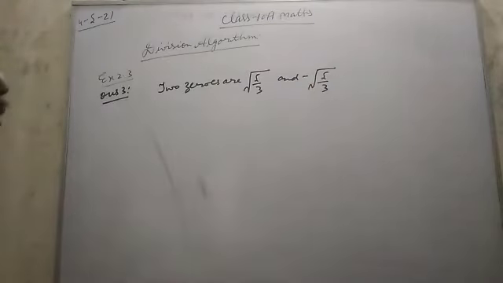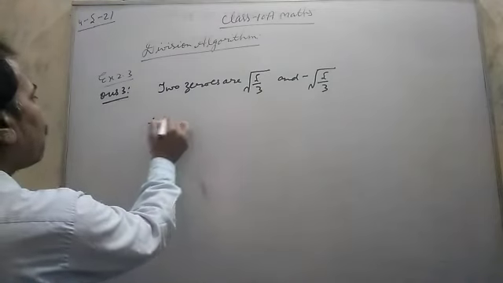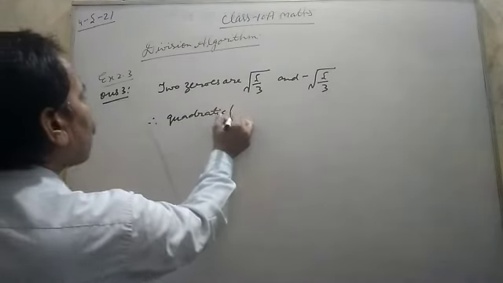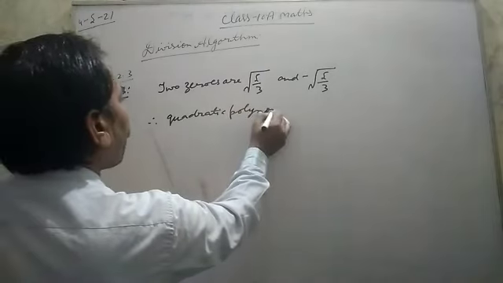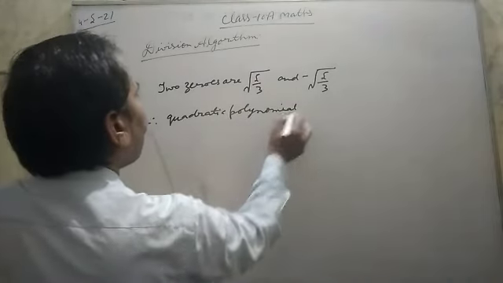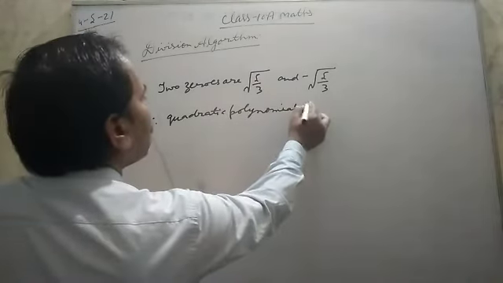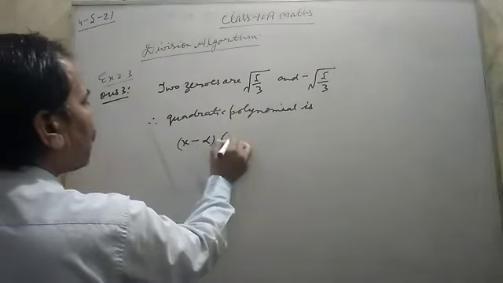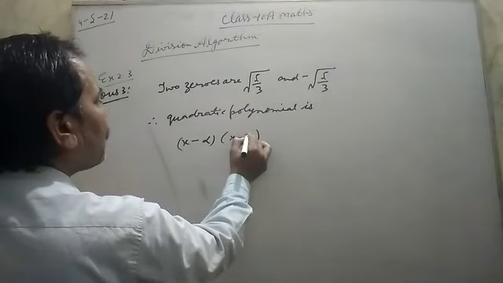So by these two zeros you find the quadratic polynomial. You know that for alpha and beta, it is x minus alpha, x minus beta.